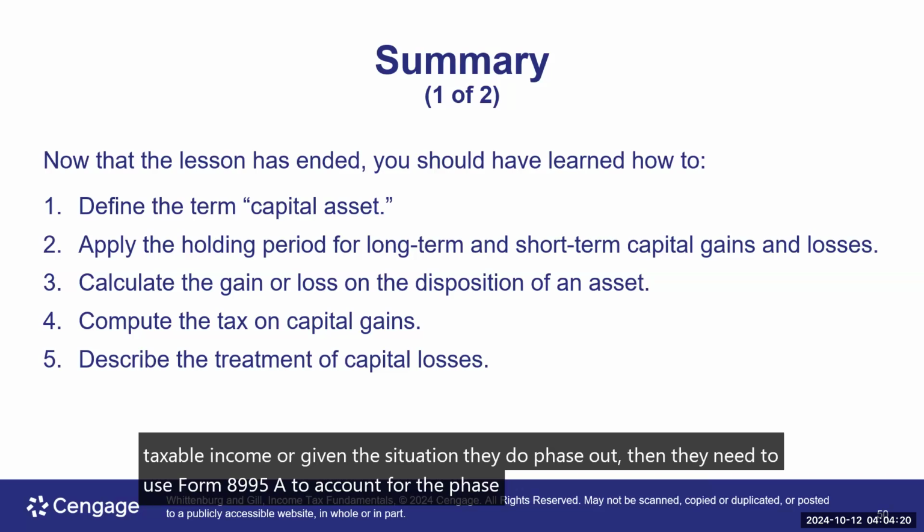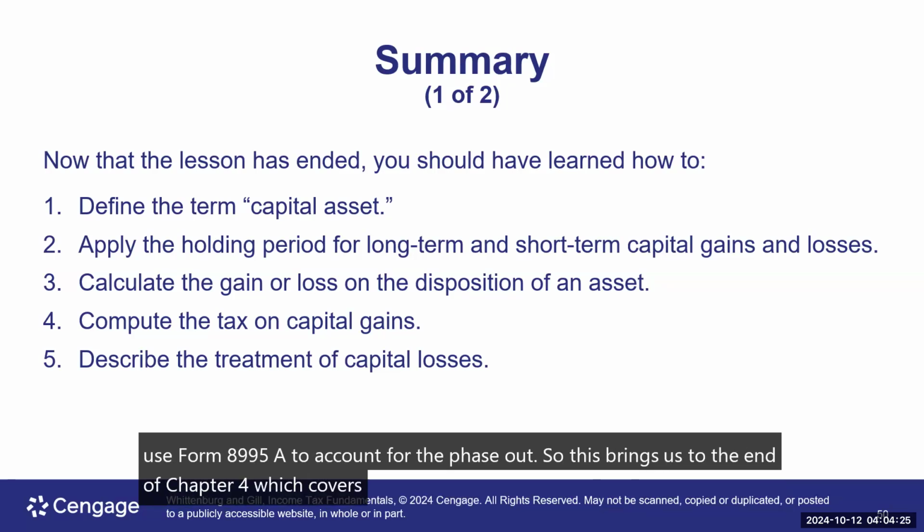So this brings us to the end of Chapter 4, which covers additional income and the qualified business income deduction.